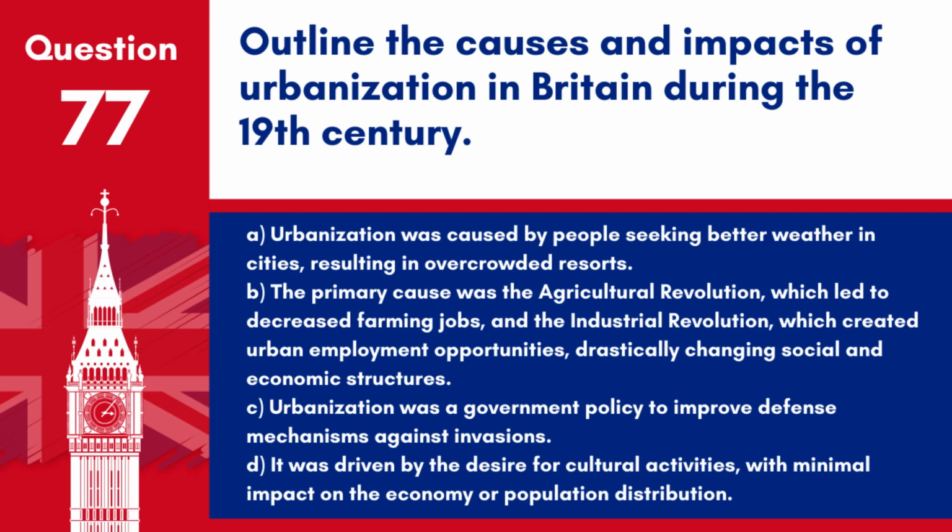B. The primary cause was the agricultural revolution, which led to decreased farming jobs, and the Industrial Revolution, which created urban employment opportunities, drastically changing social and economic structures. C. Urbanization was a government policy to improve defense mechanisms against invasions. D. It was driven by the desire for cultural activities, with minimal impact on the economy or population distribution.